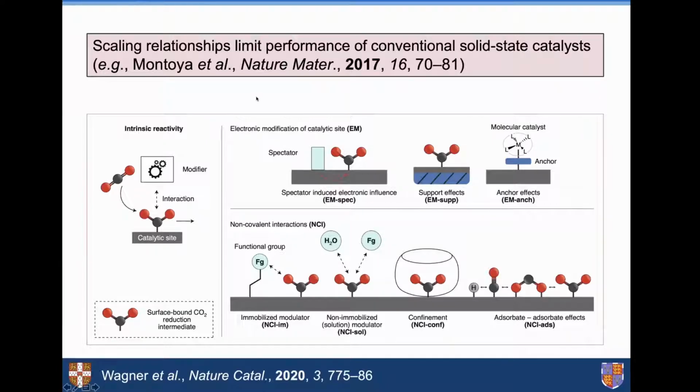There are now many innovative approaches to improve catalysis. And here's just a brief summary slide that attempts to categorize the approaches to improve carbon dioxide reactivity in particular. So we have a carbon dioxide molecule approaching a catalytic surface, and then it's all about stabilizing these intermediates. The more we can control this, the higher the likelihood for us to have efficient catalysis and clean conversion into products.